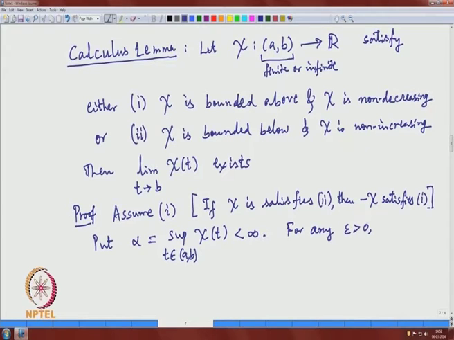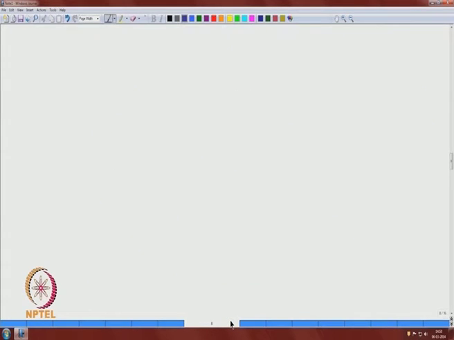So, for any epsilon there exists t0 in the interval (a, b) such that alpha minus epsilon, this is no more the supremum, is less than chi(t0). Okay.